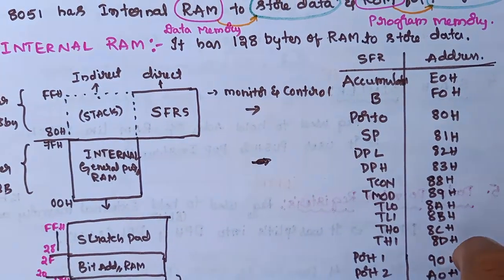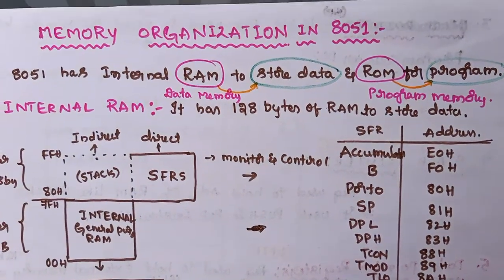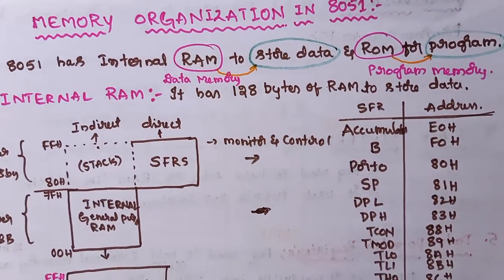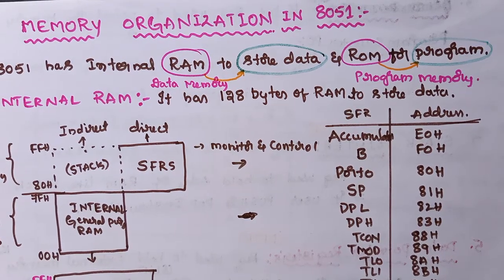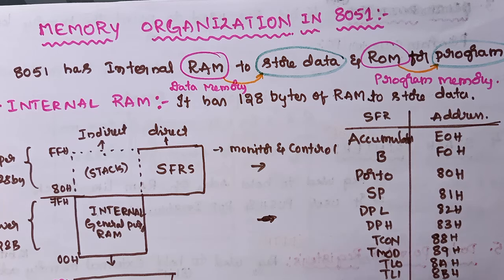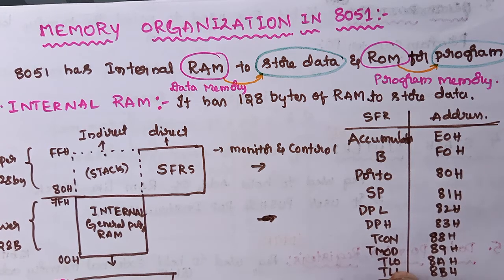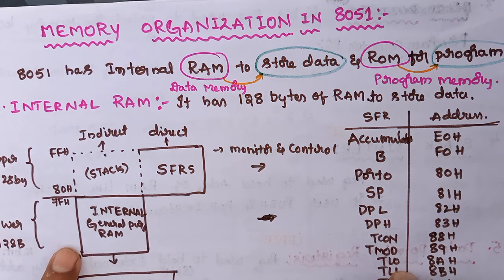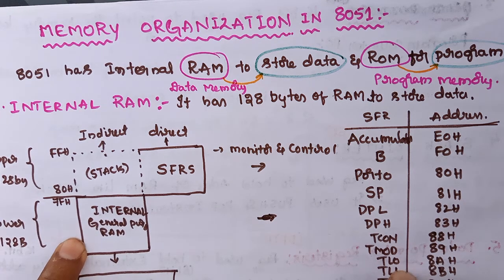The next concept is the memory organization of 8051. Memory is a semiconductor storage cell used to store binary information. We already know that two types of memories are used in a processor, that is program memory and data memory.